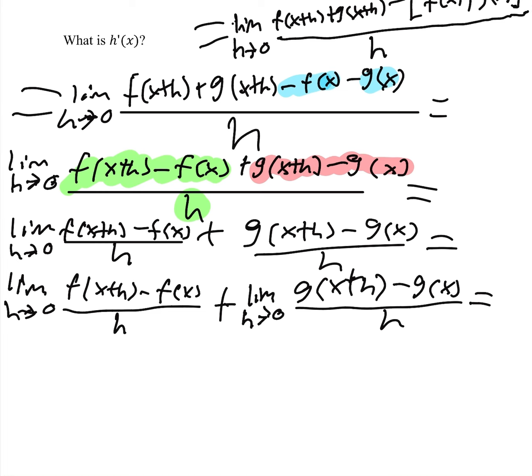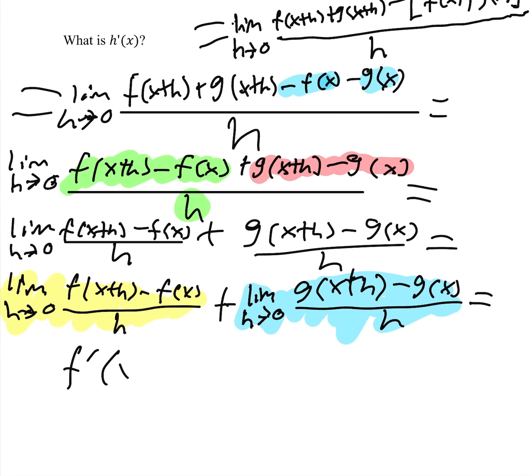Now, remember from the limit definition video that this is the limit definition of f. This is the limit definition of g. It's in the form the function of x plus h minus the function over h, and the limit as h goes to 0.